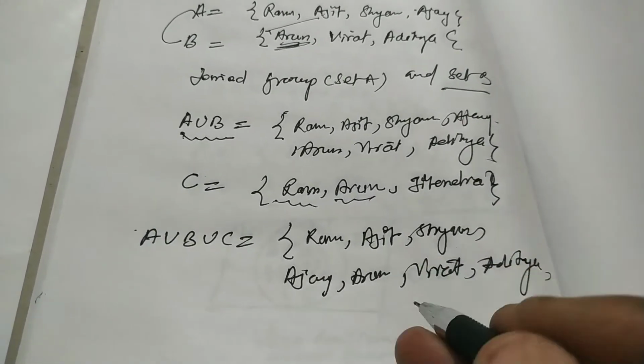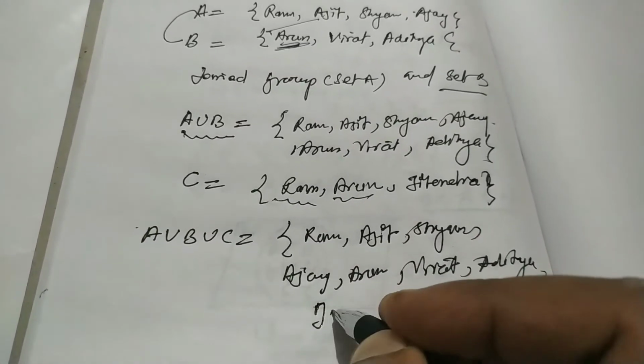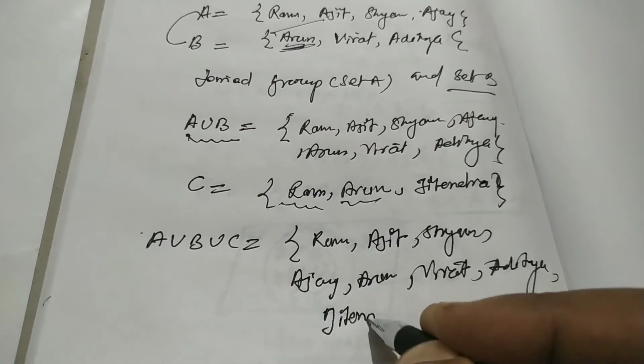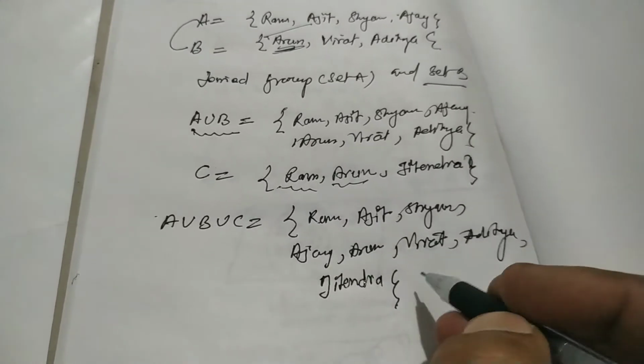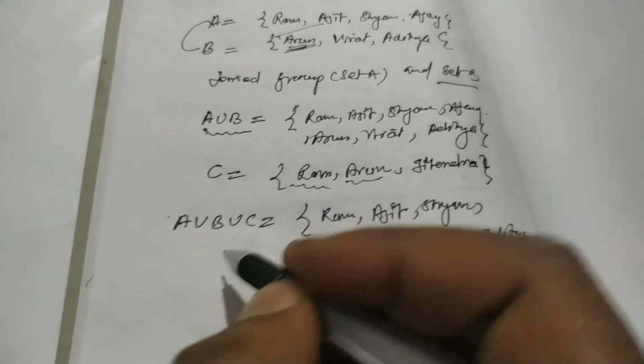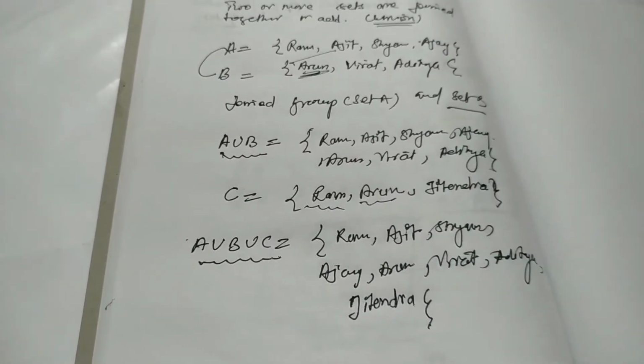We write them only once. Then we add the new person, Jitendra, who is in the third group. So the members must not be repeated. That is called union. This is A union B union C. That means we have joined these three groups.